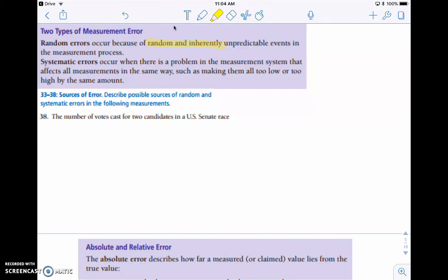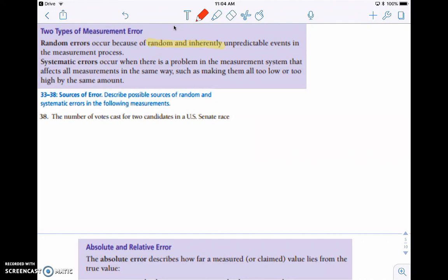So if you're looking at a weight scale and the scale is wrong, that's going to be a systematic error because the scale is measuring it wrong for every person, whereas a random error might be if one person comes in and they've just got this enormous set of keys that weigh a pound. That person is going to be off, but that doesn't affect everybody. So that's the difference between a random error and a systematic error.